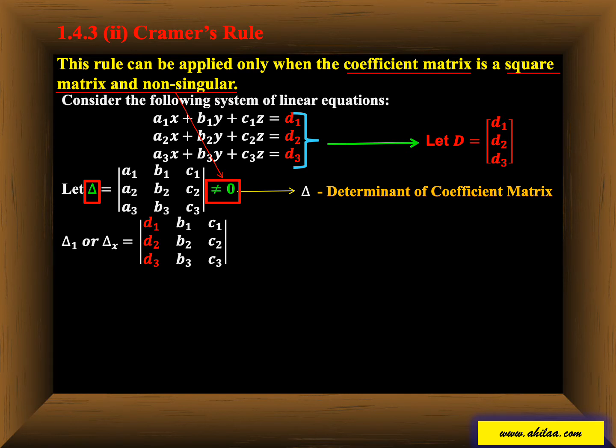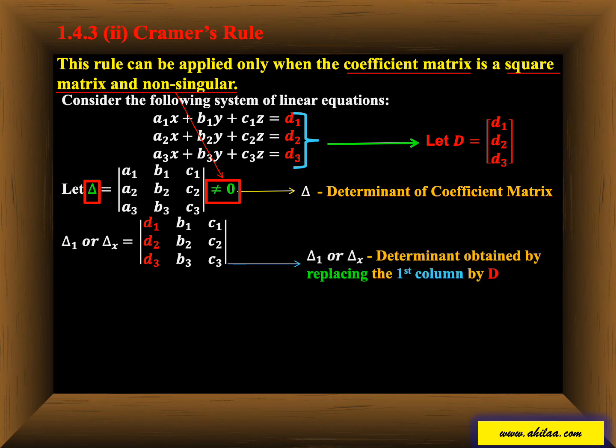So, instead of the first column a1, a2, a3, replace it by d1, d2, d3. The other two columns, second column and third column, remain the same. Now find the value. That value is delta 1 or delta x value. So what is delta 1 or delta x? The determinant obtained by replacing the first column by capital D.